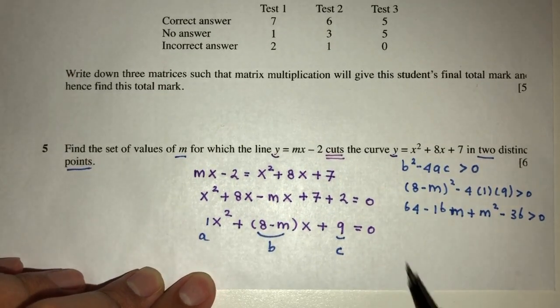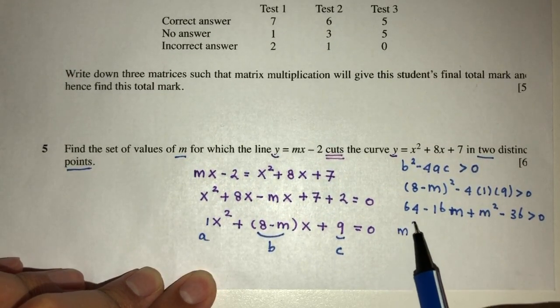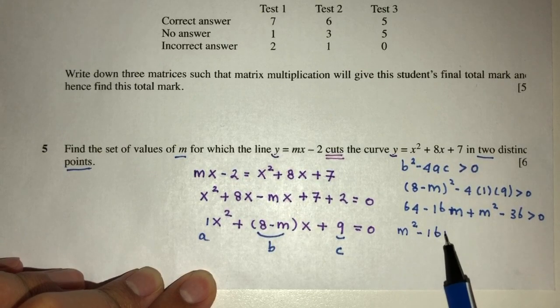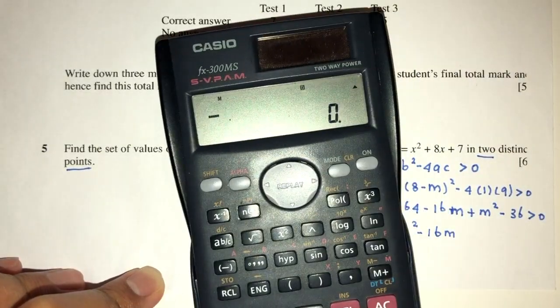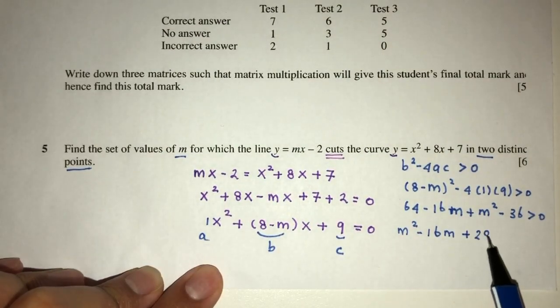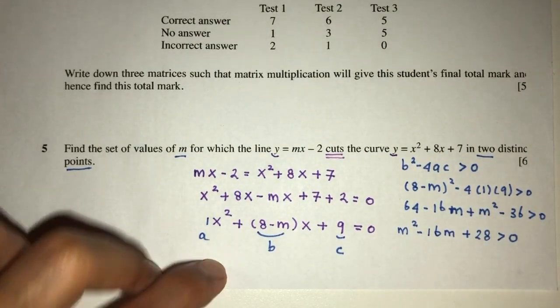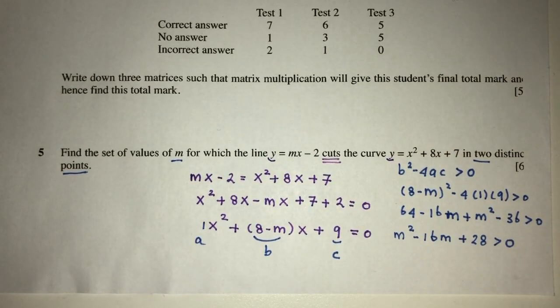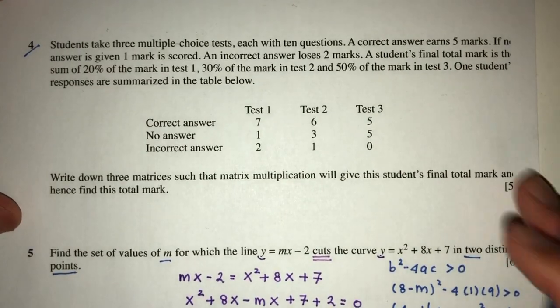Now let's simplify. You will have what? m squared minus 16m, 64 minus 36, that will be 28. So that will be plus 28 has to be more than 0. Now let's write this equation right here to solve.